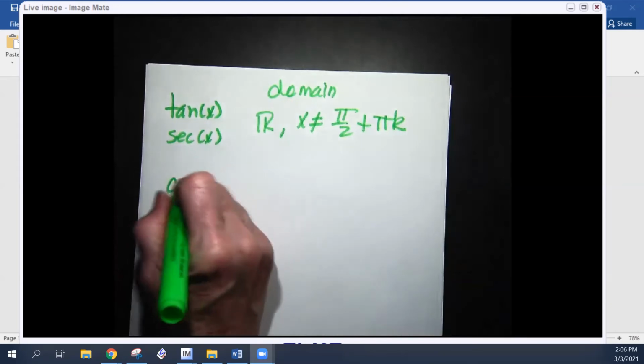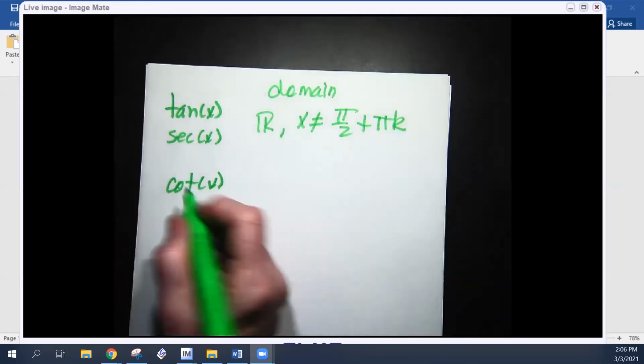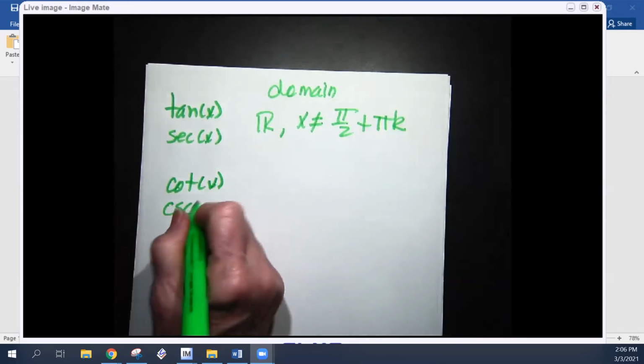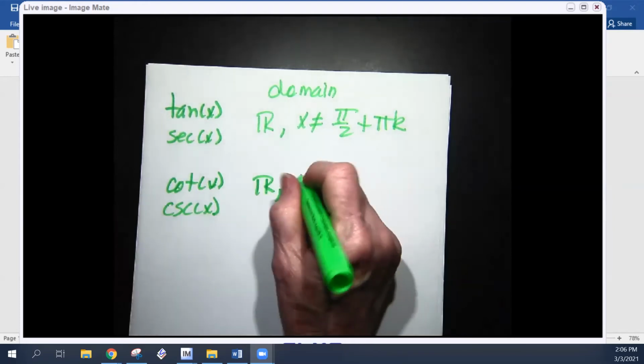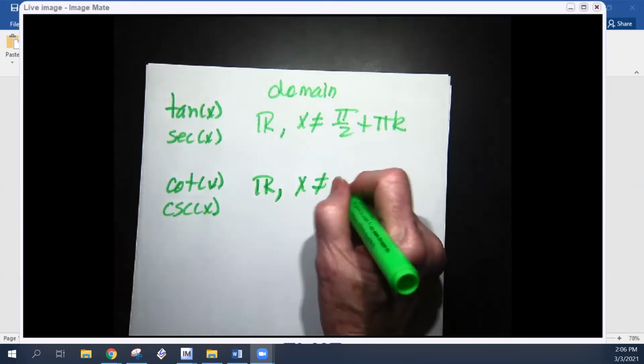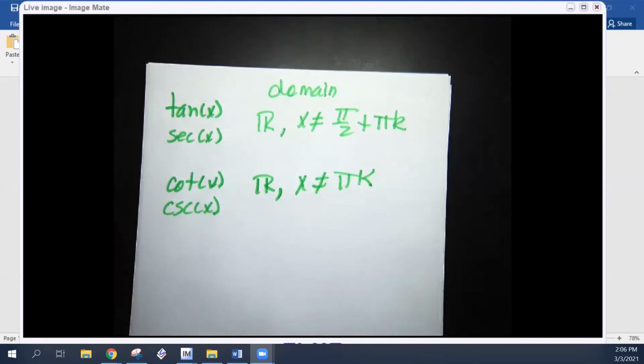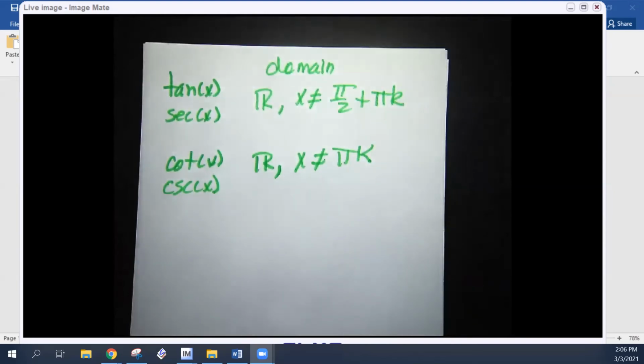If I have the cotangent of x or the cosecant of x, that domain is all real, but x cannot equal pi k. So if you come into one of those, that would make undefined values, right? So those are the undefined values that you are going to be looking for.